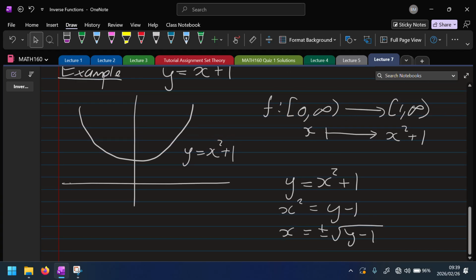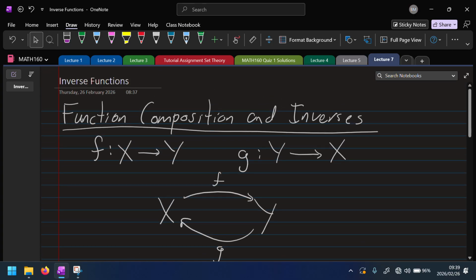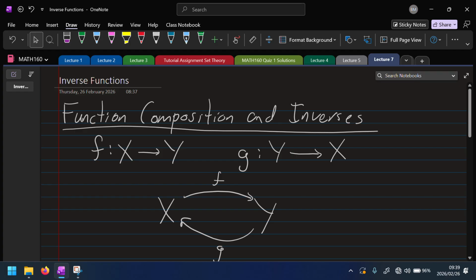Now we can't have both, otherwise it's not a function. But remember, back up a little bit, f goes from x to y. The inverse goes from y to x. It goes the other way around.